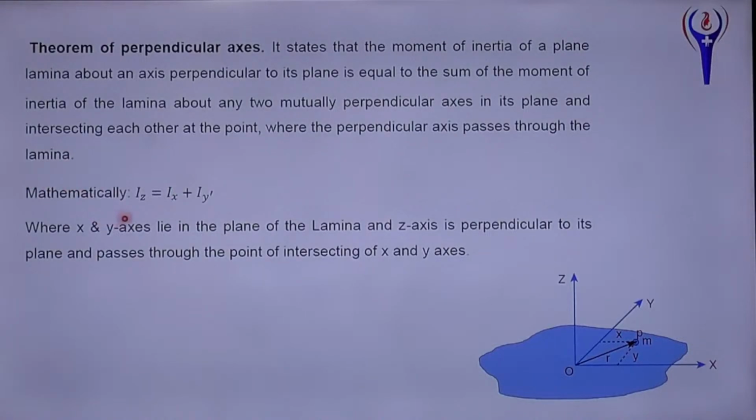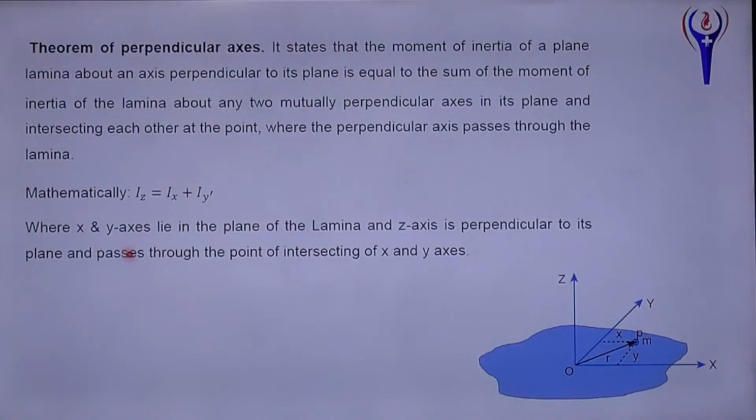That is mathematically Iz equal to Ix plus Iy. If we want to find the moment of inertia about the Z axis, it is equal to the moment of inertia along the x axis plus the moment of inertia along the y axis.